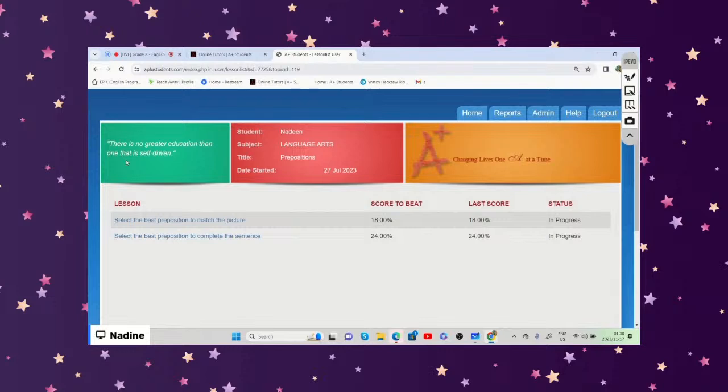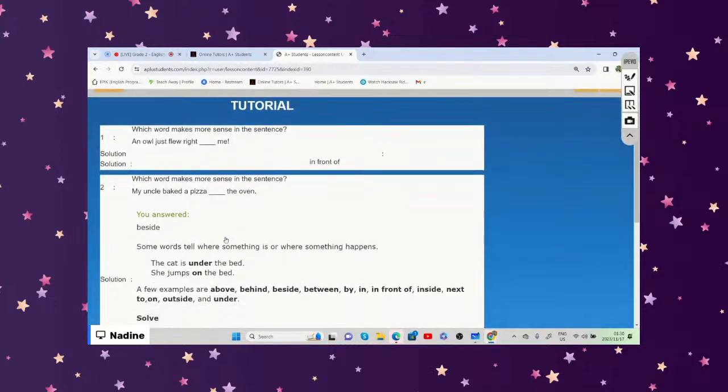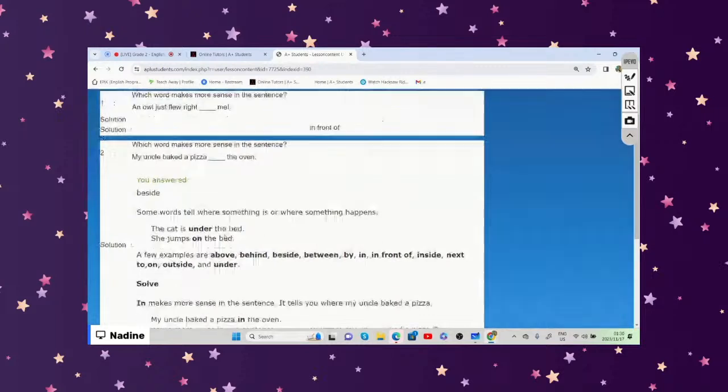So we need to select the best preposition to complete the sentence. Before we go to the activity, once again, prepositions are words that tell us where something is or where something happens.